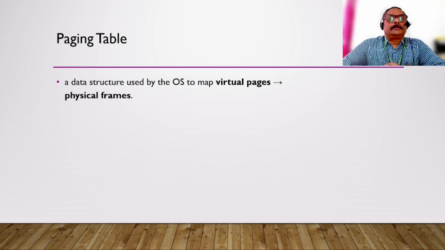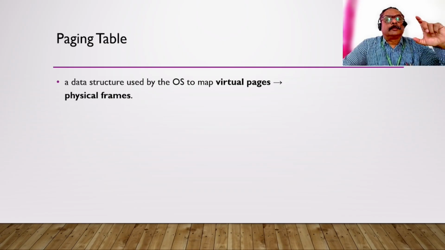A page table is basically a data structure used by the operating system to map virtual pages to physical frames. The actual process is divided into pages, and these pages are loaded onto the physical memory in the form of frames.